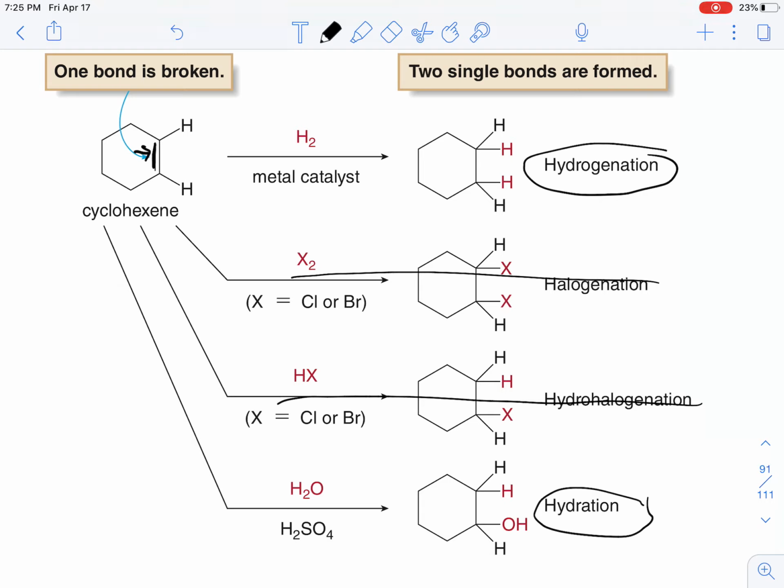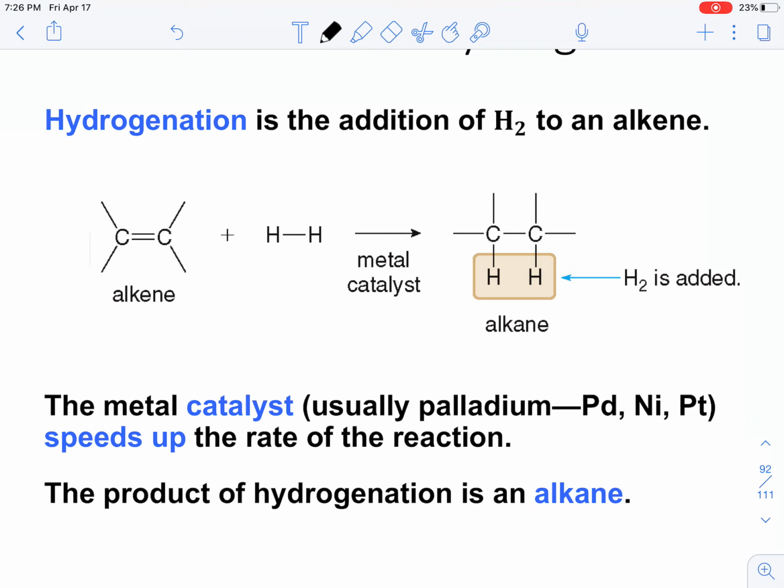Hydrogenation is the addition of hydrogen, diatomic hydrogen, to an alkene. If you look at its name, hydro, it might feel like it's referring to water, but if you extend this line, hydrogenation, you're adding hydrogen, and remember hydrogen is naturally diatomic, to an alkene.